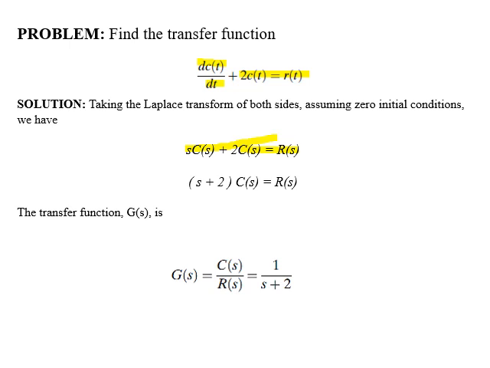Now again using cross multiplication, you will reach the transfer function G of s, which is equal to C of s over R of s, and this will equal 1 divided by s plus 2, and this will be the transfer function of our linear time invariant system.